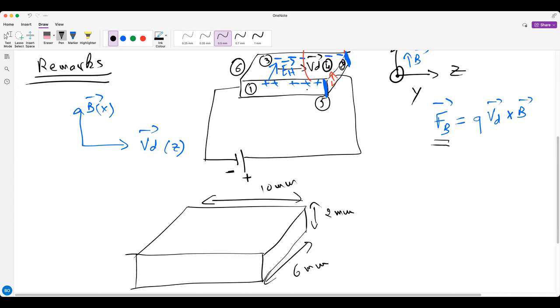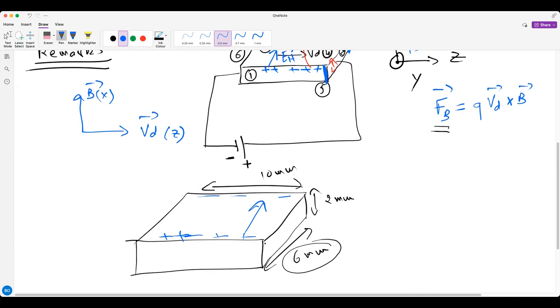In this specific example, the 6 millimeters is the one that should be used, because the electric field is created between this phase and this phase. So the electric field is in this direction, along the distance of 6 millimeters.